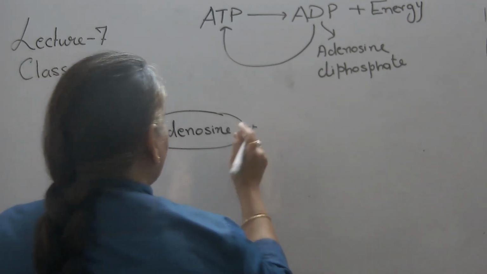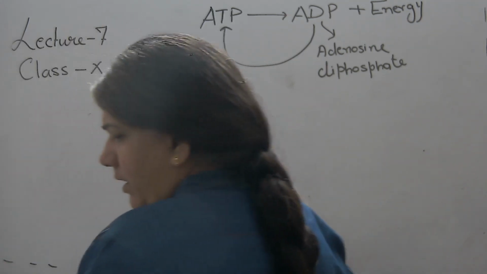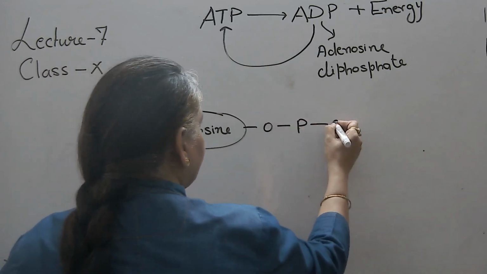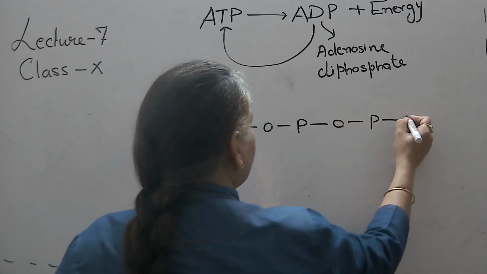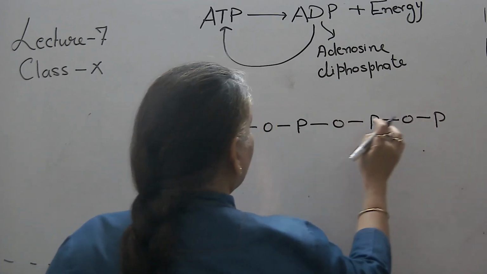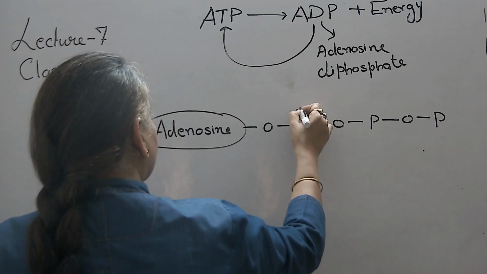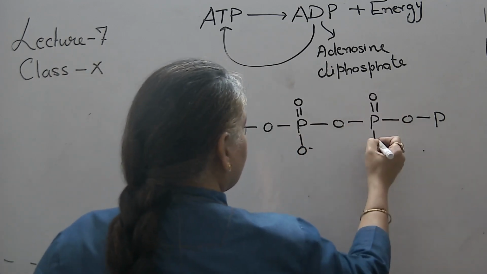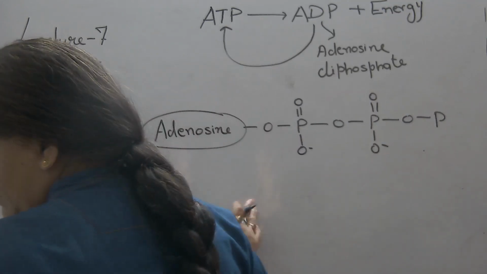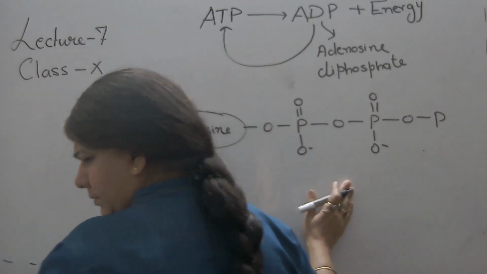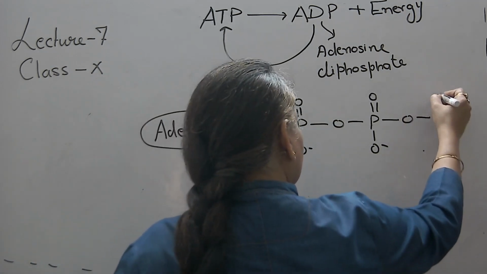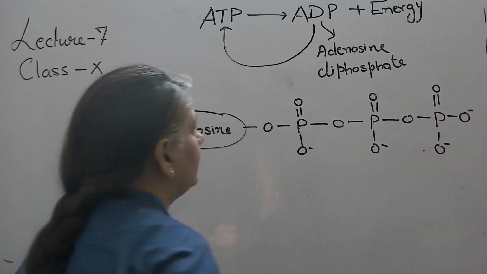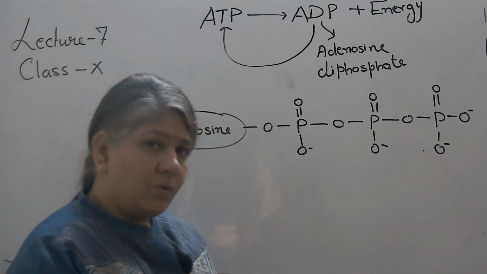To it, 3 phosphate molecules are attached. So the molecule looks like this.